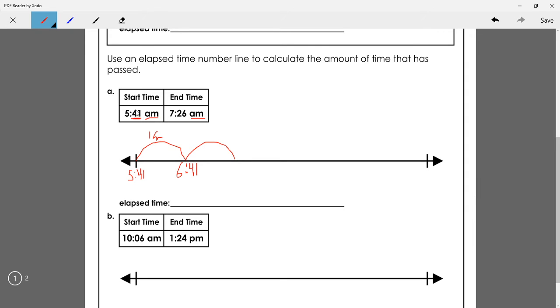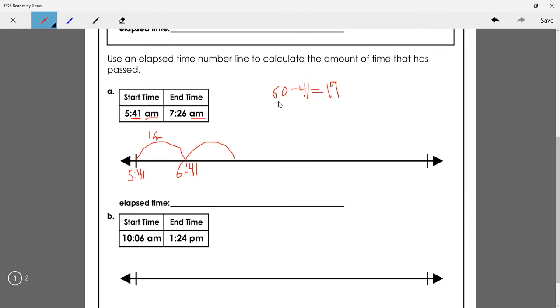So instead of this going up to 99 and then going to 6 o'clock, it goes up to 59 and then goes up to 6 o'clock. So what I'm doing here is really 60 minus 41, which I know equals 19.